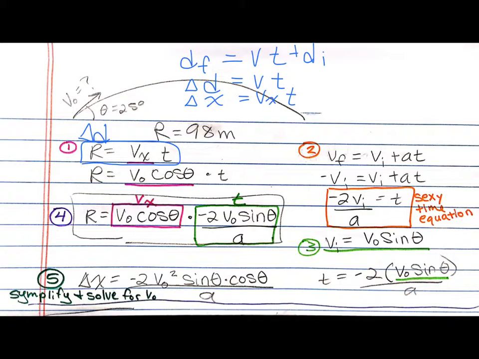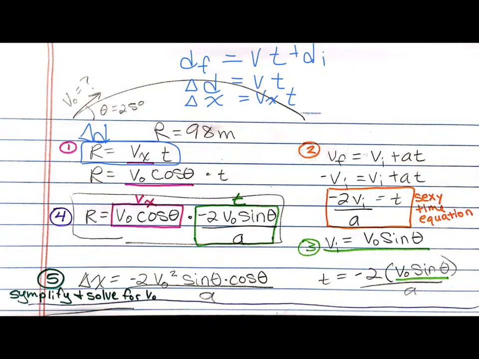But I still have the t in that equation, and I don't know what t is, so I need to be able to find something else to put in for t. I'm going to do that using an equation on my acceleration side, on my vertical side. So I've got this equation that's equation number 1 from your toolbox. V final is equal to V initial plus AT.